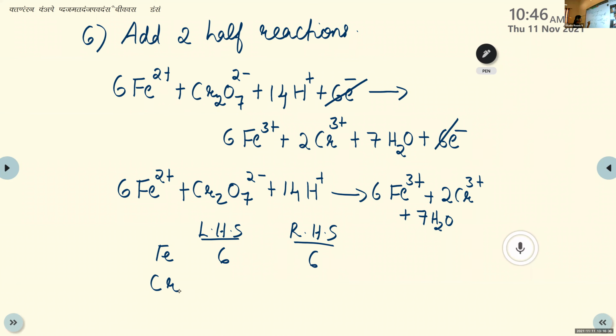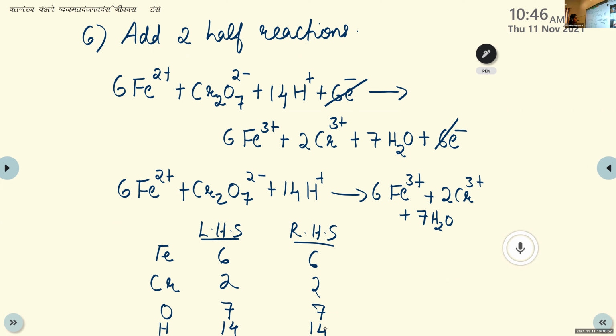Then next one chromium, here it is 2 and the right hand side also 2. Next one oxygen, here it is 7 and in the right hand side also 7. The last one is hydrogen. Here it is 14, there also 14, isn't it?